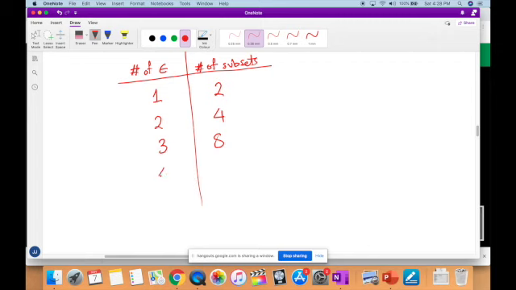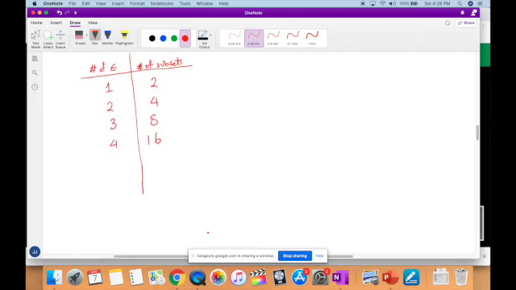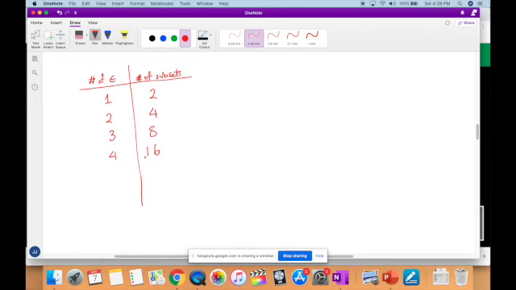When we had 4 elements, how much did we get? 16 subsets. Can anybody guess how many subsets it would be if you had 5 elements? I mean, surely you're seeing a pattern that is developing here, right?